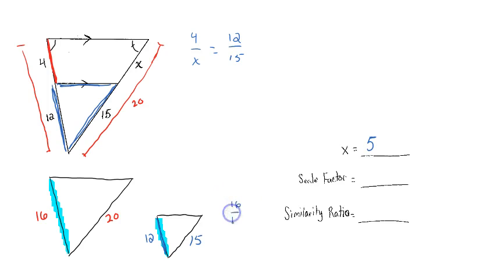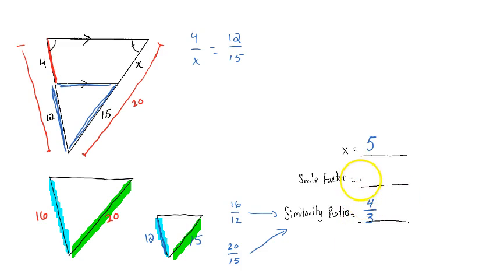I get 16 over 12. That's going to simplify to give me my similarity ratio of 4 to 3. I could have also used the side length of 20 to 15. Using that similarity ratio, it would actually simplify to the exact same thing. So that gives us our similarity ratio.